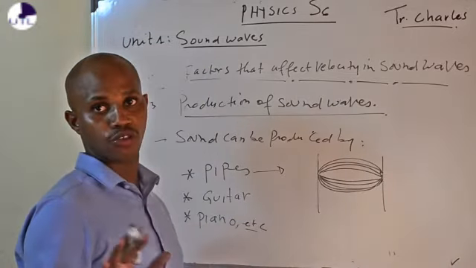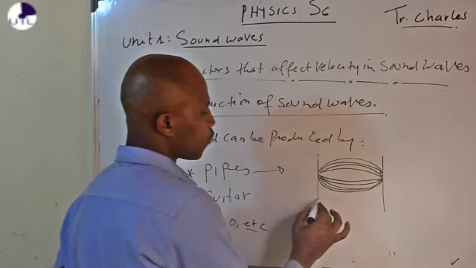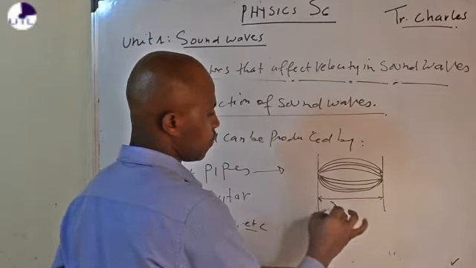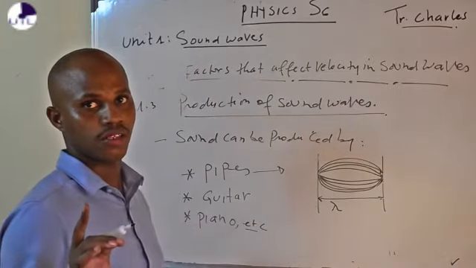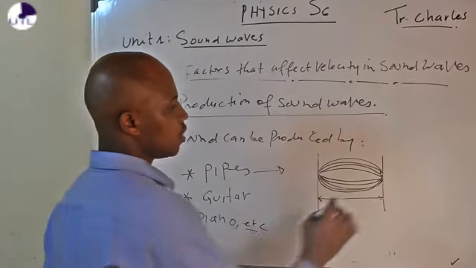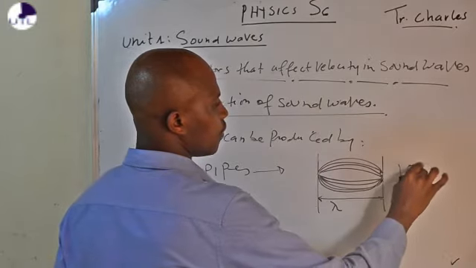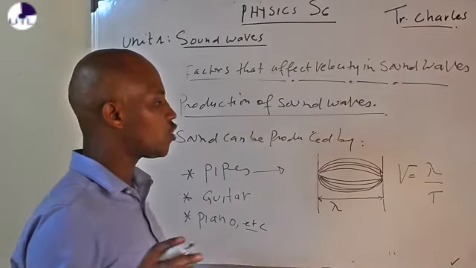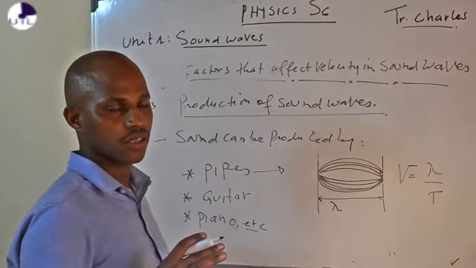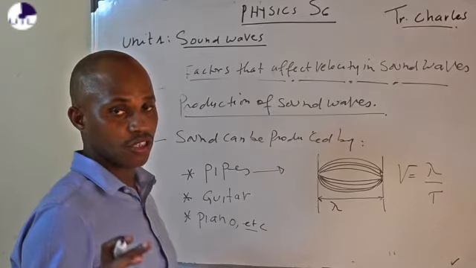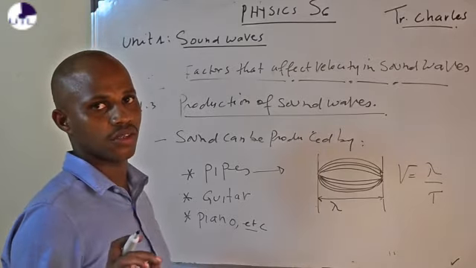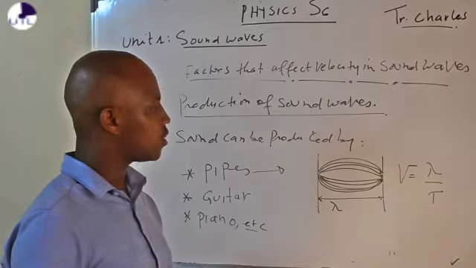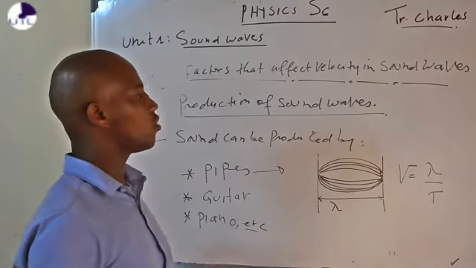And if this pipe is closed, the distance from here to here will be the wavelength. Remember, there is a formula that links the speed with the wavelength and the period. And when you are talking about propagation of sound waves, we have seen that they can propagate in solids, in gases, and in liquids. And we have seen that there is a way that we can find the speed.